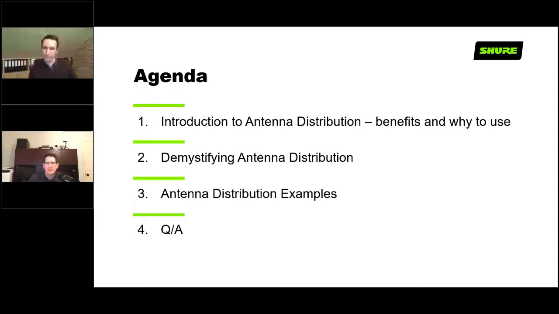It's really not as difficult as a lot of people think. Then we'll show you some examples of how quick and simple antenna distribution can be once you know the basics, and finish with a question and answer session.